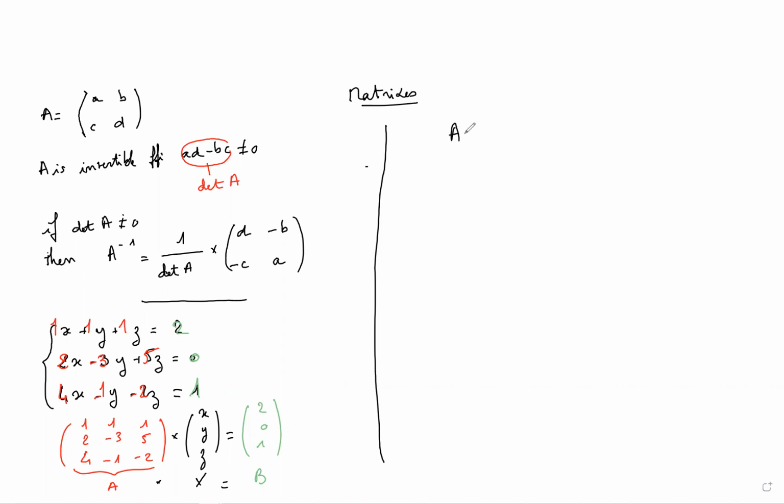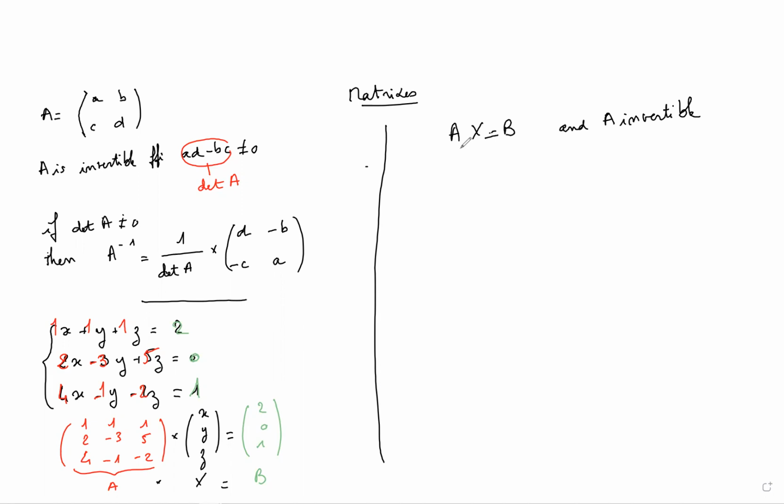Because if A times X is equal to B, then I can multiply, if A is invertible, which means I have computed the determinant of A. If it's not a square matrix of order 2, you compute the determinant with your calculator. If the determinant of A is not equal to 0, it means A is invertible and the inverse of A exists.